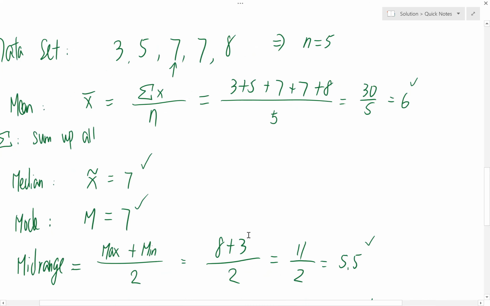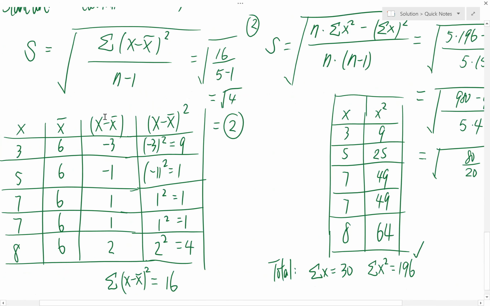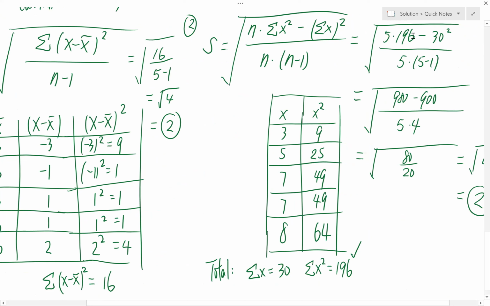That creates some difficulty when you're using the first method. By using the shortcut formula, you avoid the sample mean, eliminating that element from your calculation completely. So that could create some convenience.